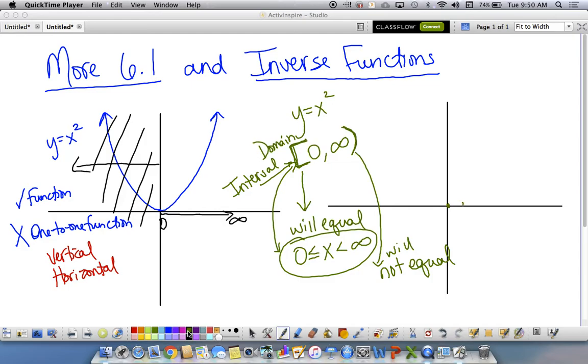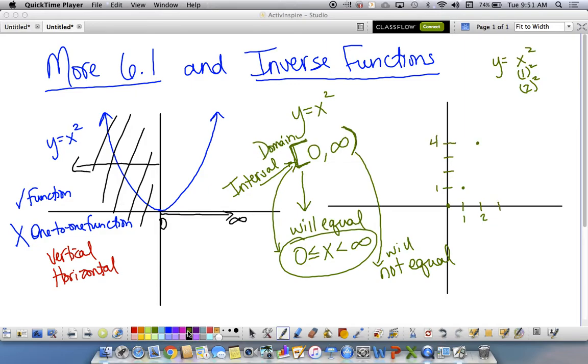And it's going to go over. If x equals 1, what does y equal? You plug it in. 1 squared is 1. So that point's going to be there. What if I plugged in a 2? My 1 was 1 squared. My 2, 2 squared. What's my y value? If I plug in a 2, I get out a 4.